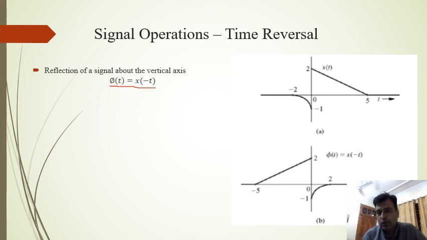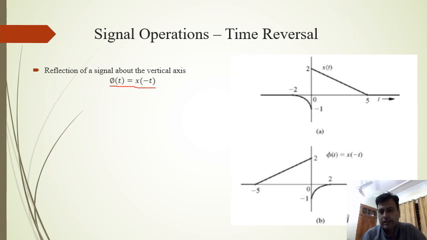From 0 to 2 it will be non-zero. So this is a reflection of the original signal around this vertical axis.